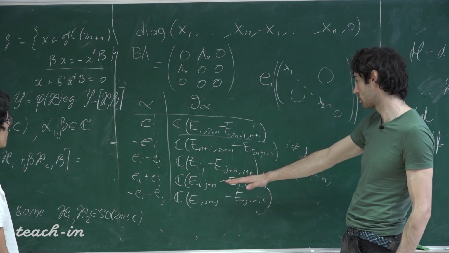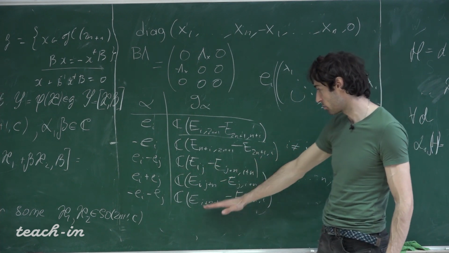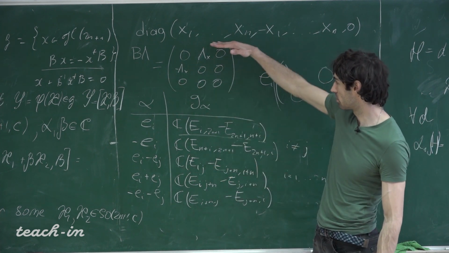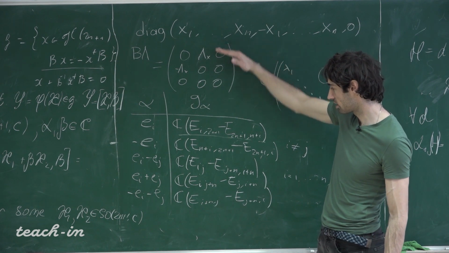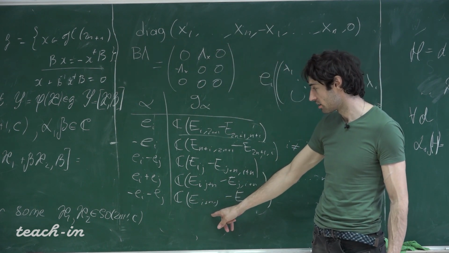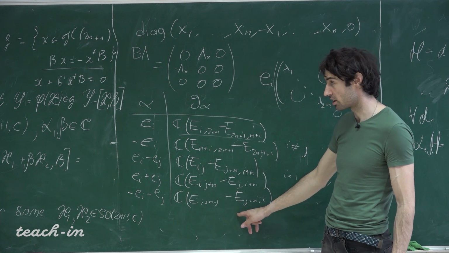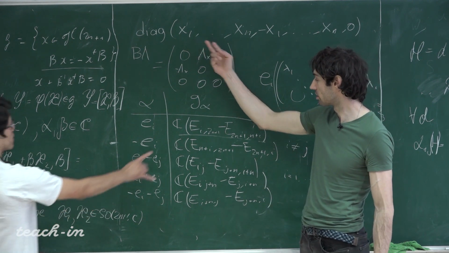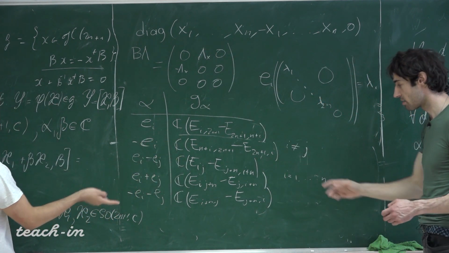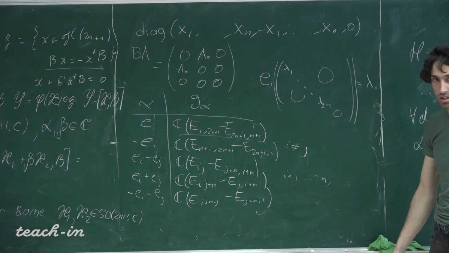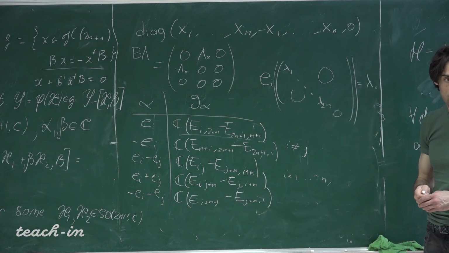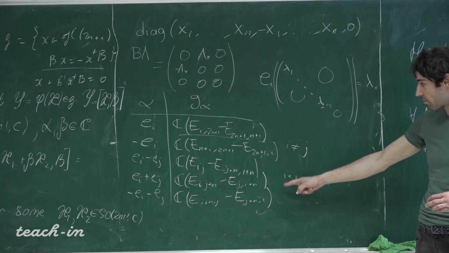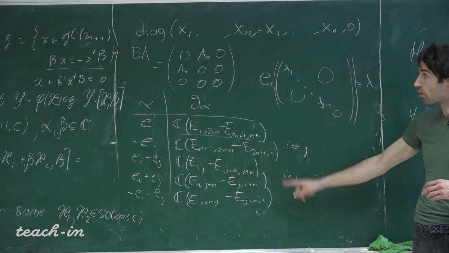If you take this one and commute with this one, what you will get is negative xi, negative xj, times this again. It's our basis. And by the way, this is the basis for G.